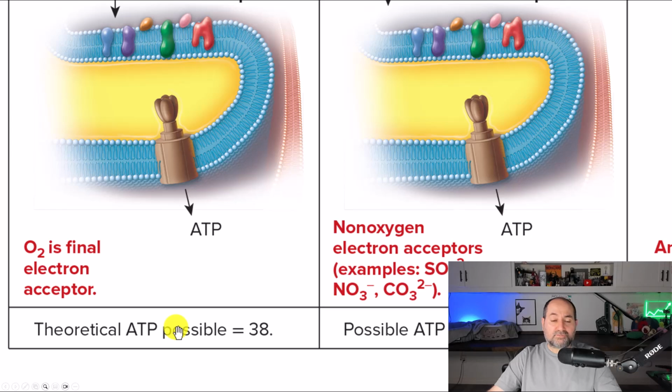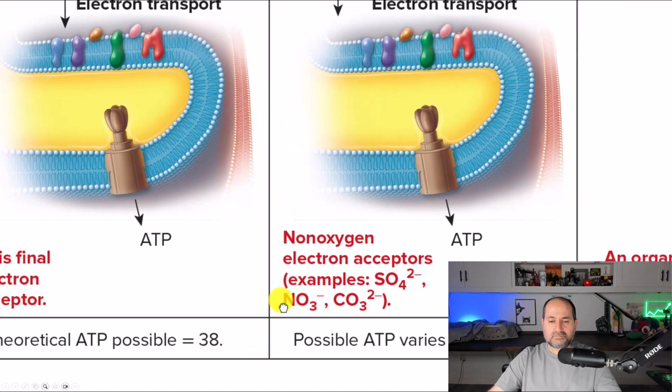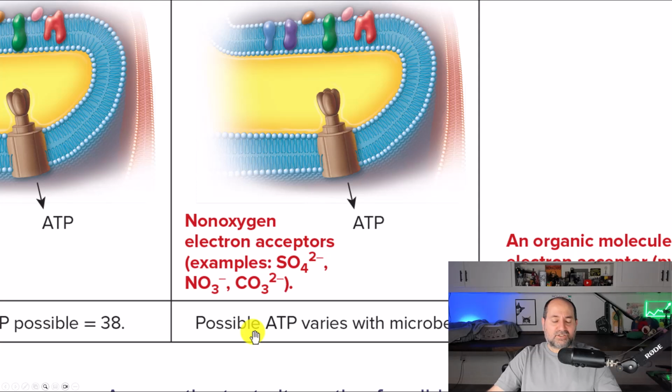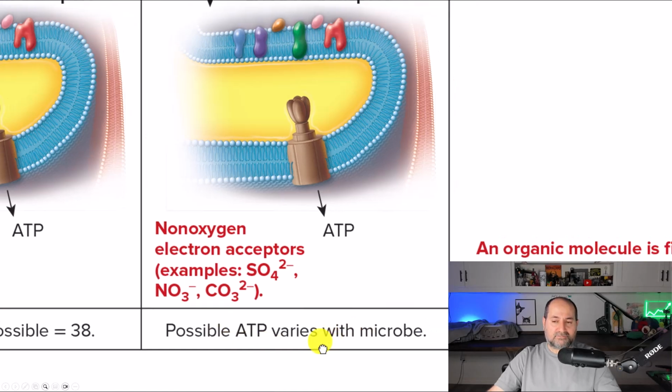During aerobic respiration, there's a theoretical ATP max of 38 ATP. Some textbooks would say 32 ATP, but this textbook goes with 38. And anaerobic respiration has less than 38. It's never as efficient as aerobic respiration.